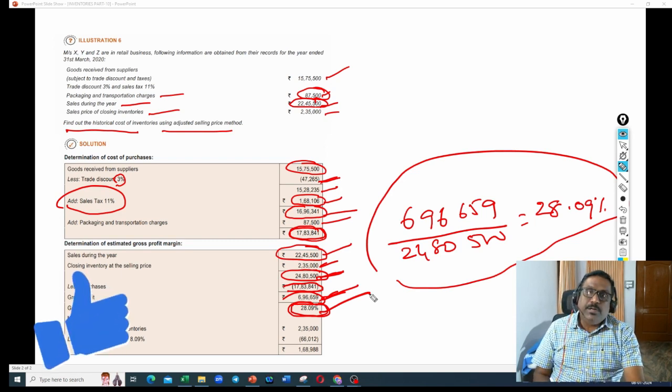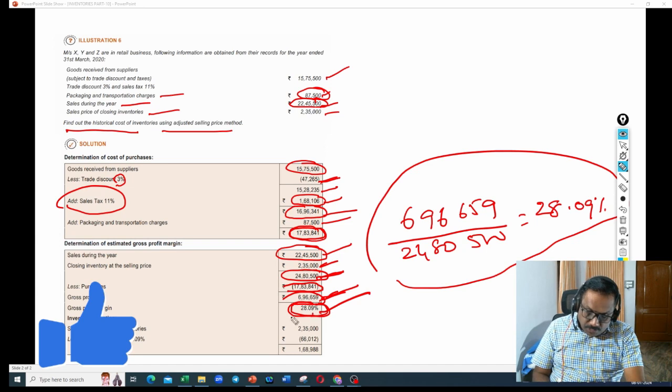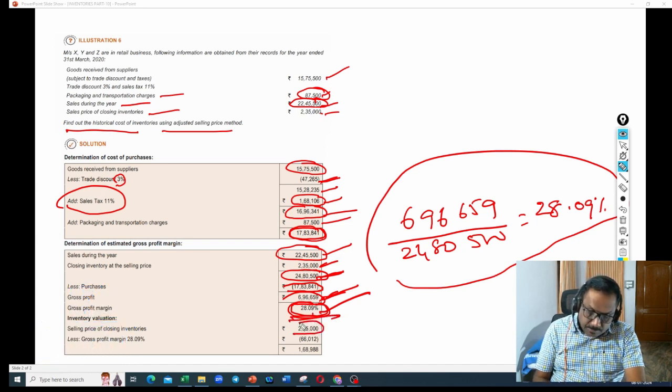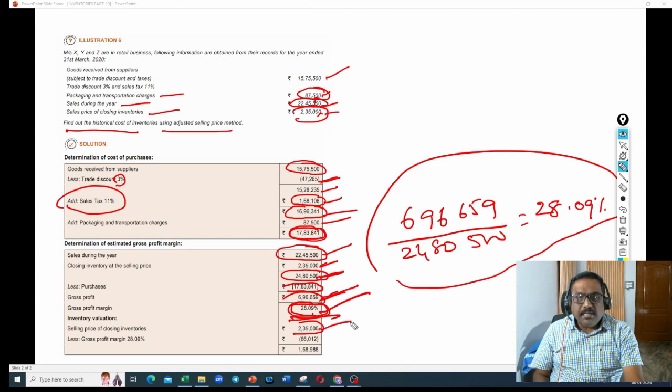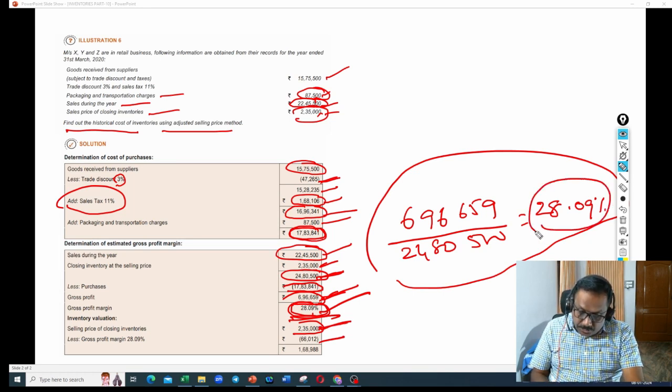So you got 28.09%. Once you know this gross margin, the selling price of the closing inventory is how much they have given in the problem, 2,35,000. Take the 2,35,000 and calculate this margin. How do we calculate this percentage? 28.09% you just need to calculate on 2,35,000. 2,35,000 into 28.09% is equal to 66,012.